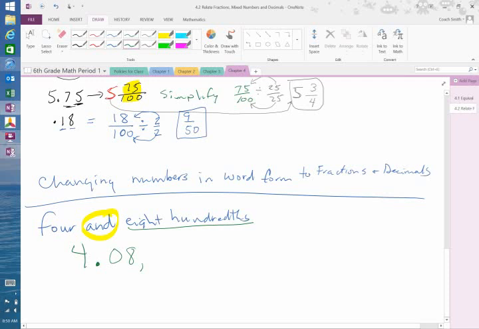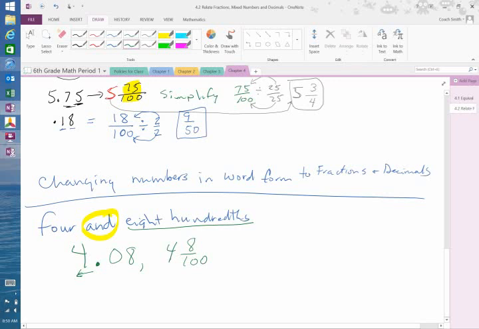Eight hundredths also is how I can do my fraction. 8 hundredths means 8 over 100. Now, we said that the 4 is to the left of the decimal, so the 4 must be to the left of the fraction.